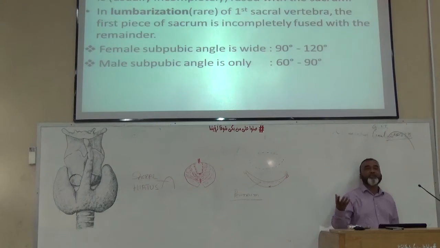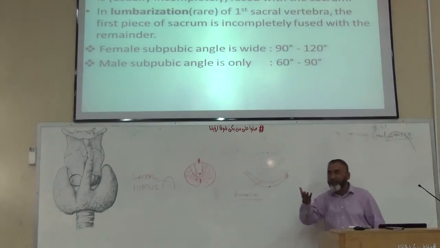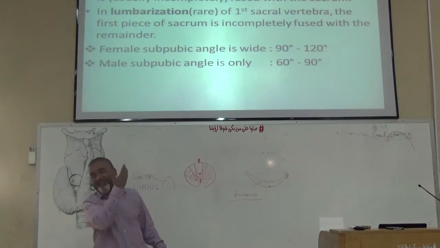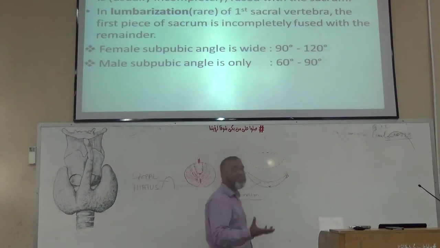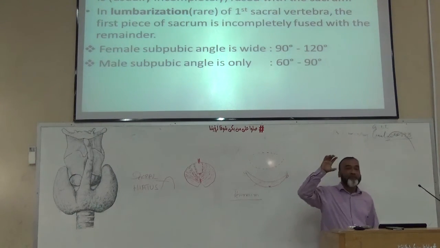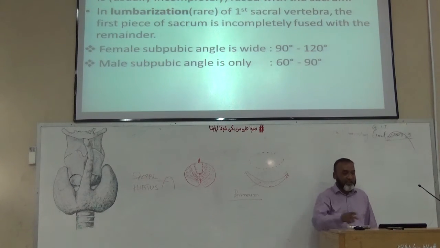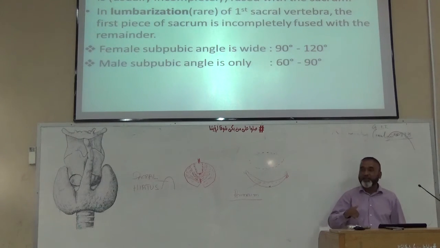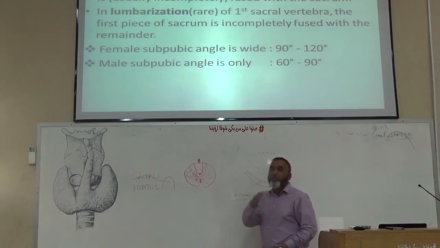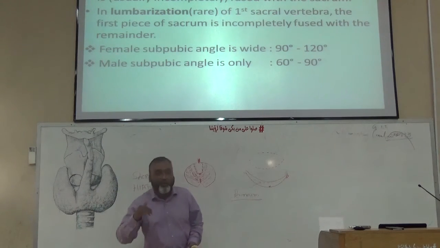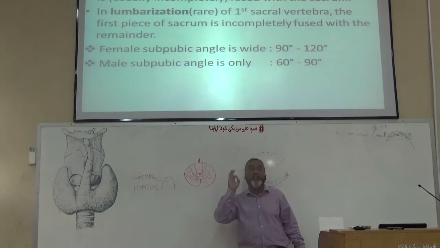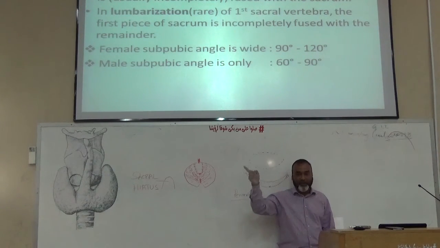Now there are two conditions which are named sacralization and lumbarization. If you remember, what is sacralization? It is written here. Sacralization: the fifth lumbar vertebra is incompletely fused with the first sacral vertebra. That's why, because of its resemblance to the sacrum, it is named sacralization of the fifth lumbar vertebra.